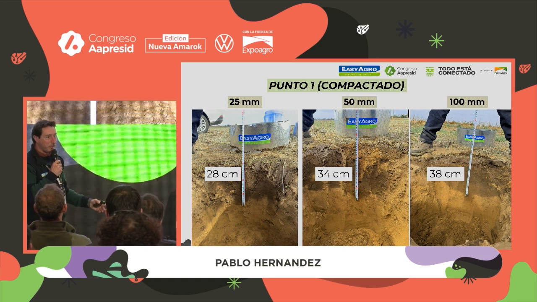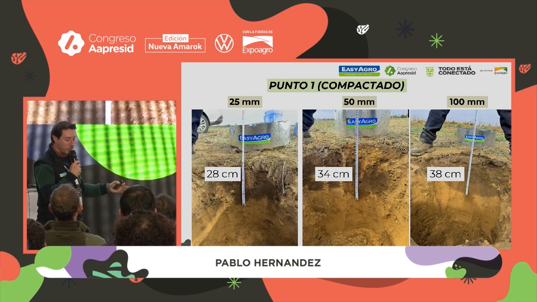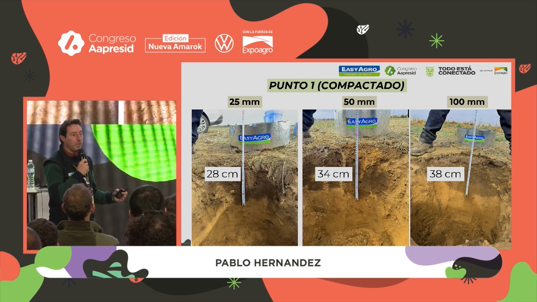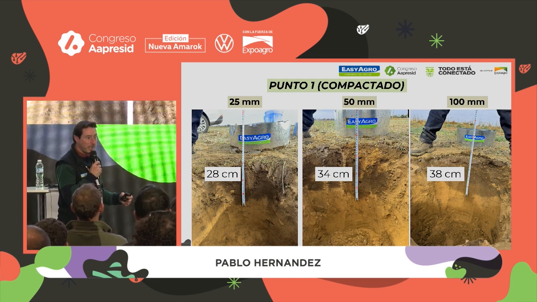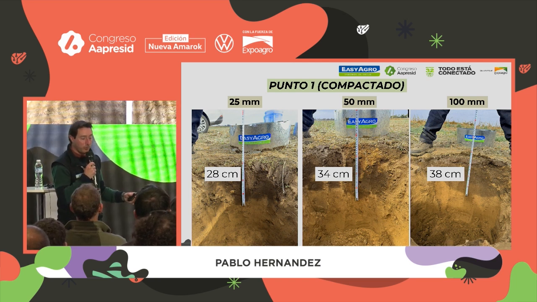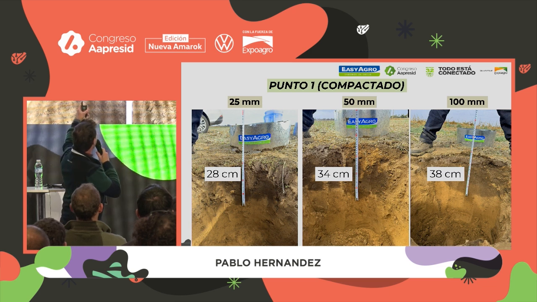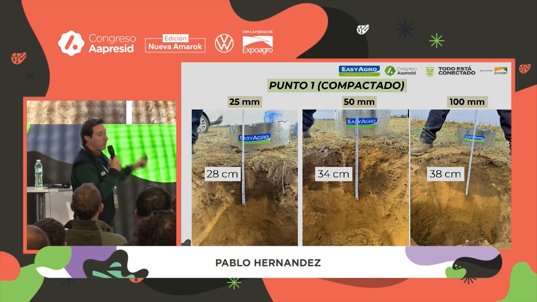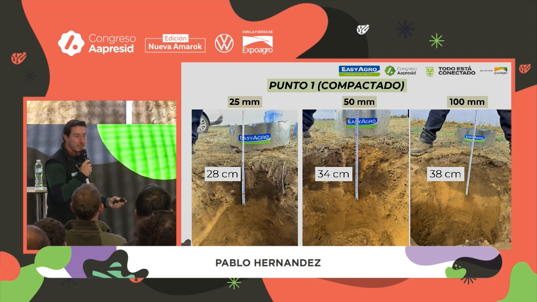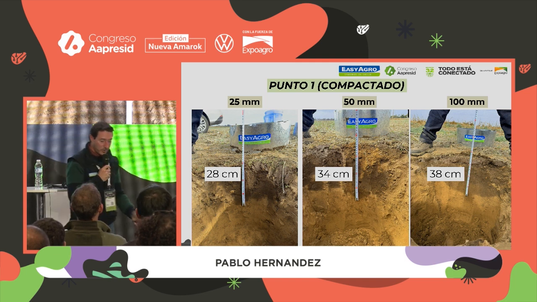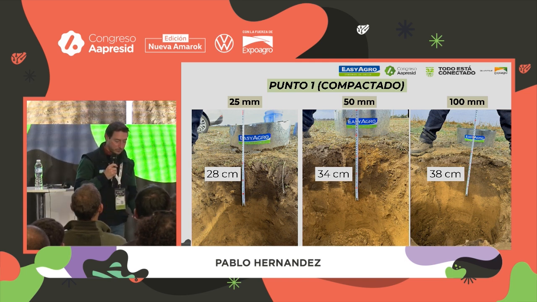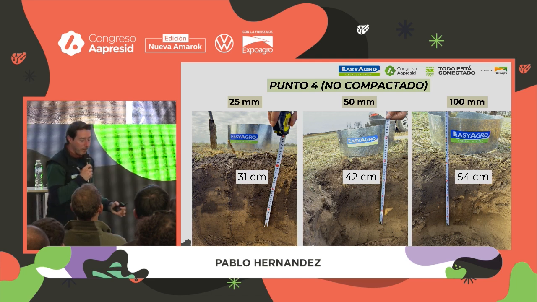At the level of infiltration, we did this trial pit. We determined how infiltration at different depths had worked for the compacted and non-compacted types of soil. So 25 millimeters, 50 millimeters, or 100 millimeters, regardless of the measurement, the infiltration shows differences.